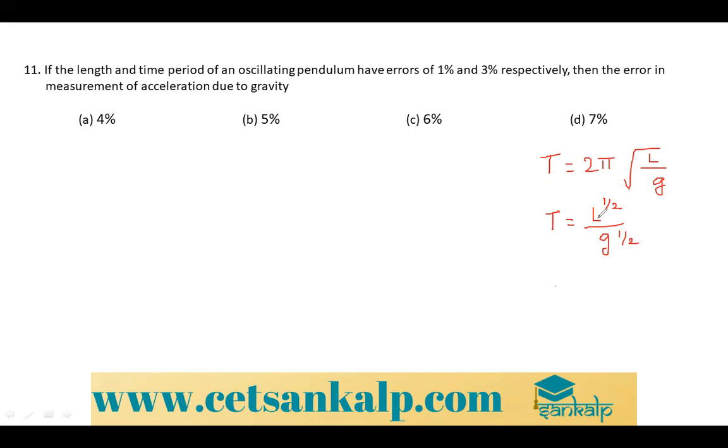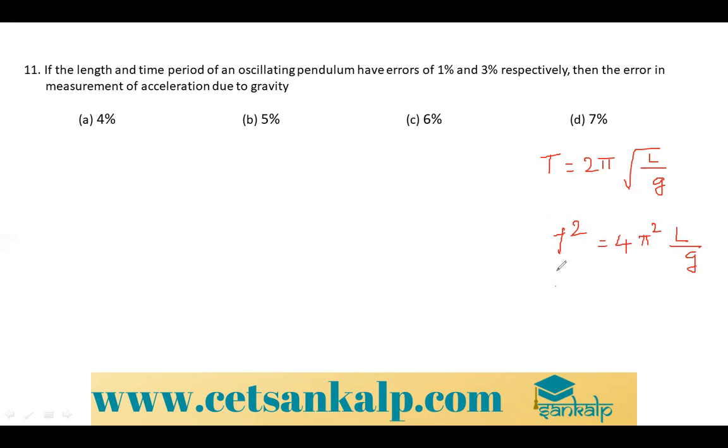But now what do I need? So you can also write it like this: root of L by root of g. Squaring on both the sides, T square is equal to 4 pi square L by g.